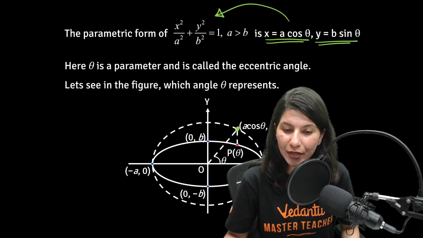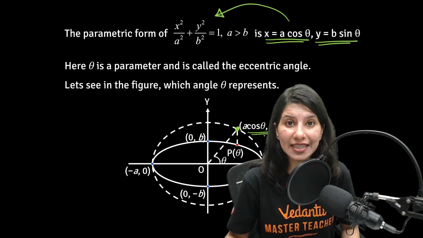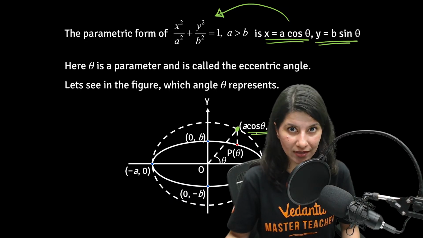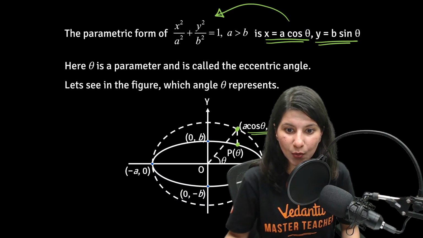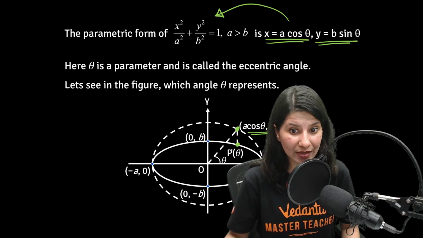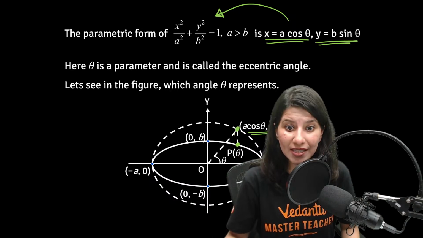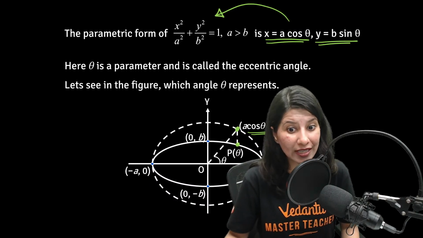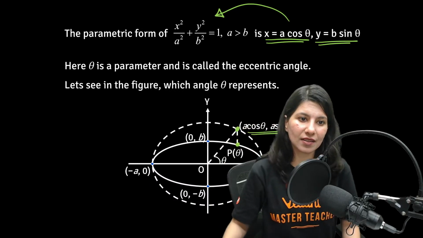So now the point A cos theta, A sin theta is lying on the auxiliary circle, and point P is actually lying on the ellipse. So on the circle it is A cos theta, A sin theta. On the ellipse it is A cos theta, B sin theta. That's the difference.